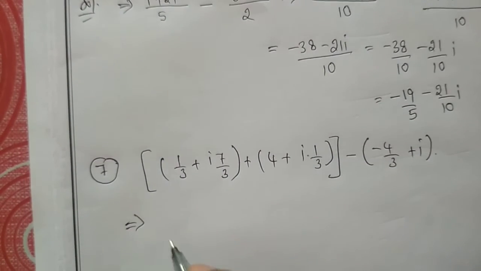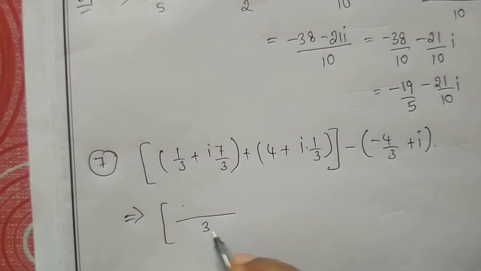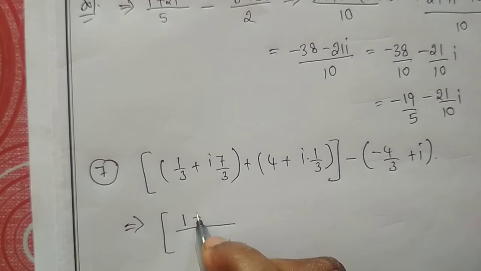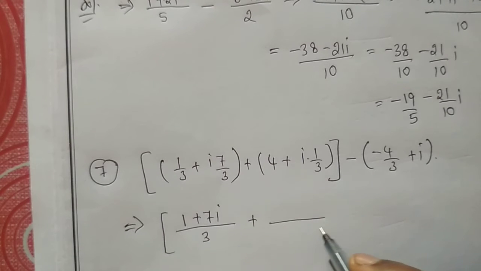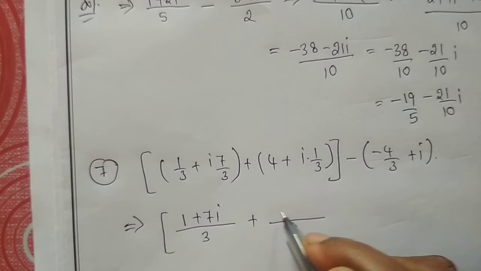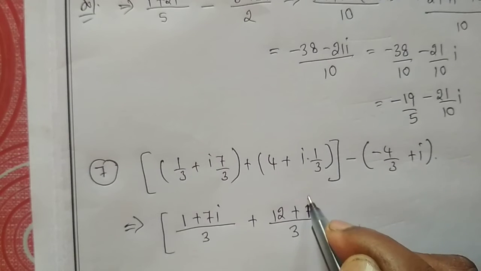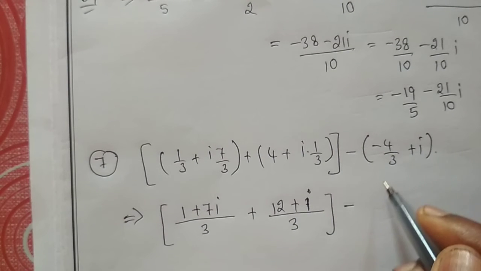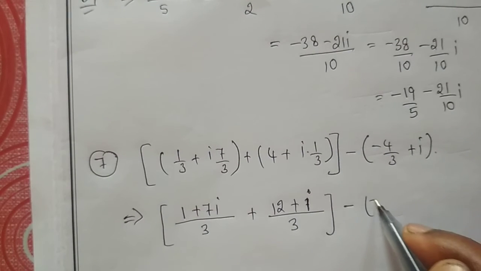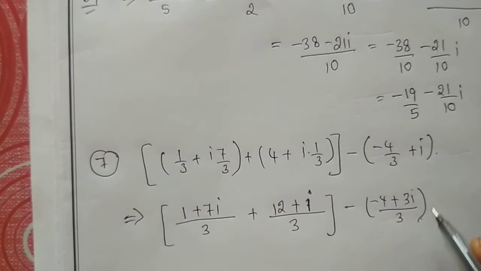That implies, here LCM is 3, the numerator value is 1 plus 7i, plus, here LCM value is 3, numerator value is 12 plus i, minus of minus 4 plus 3i, because here LCM is 3.